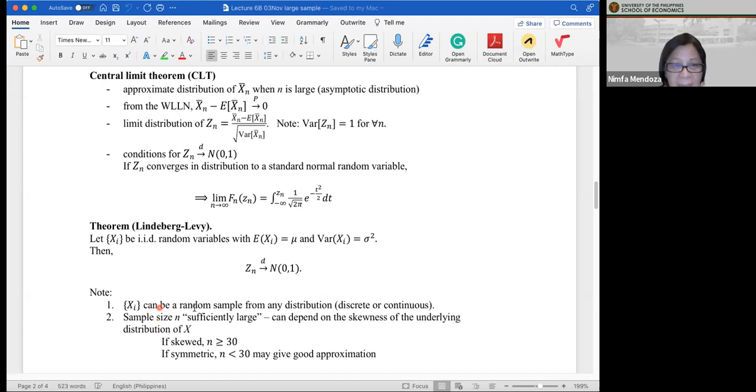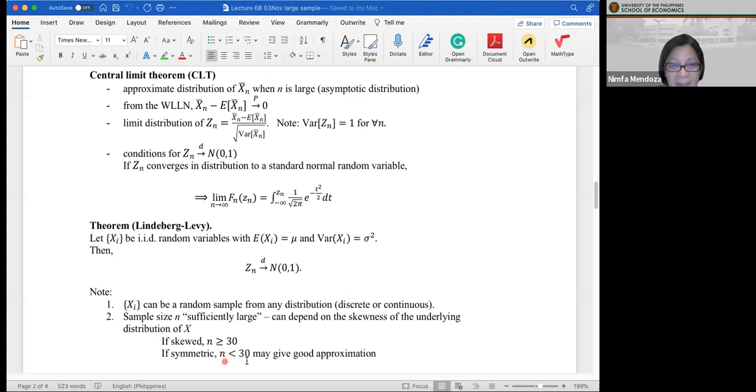So note X sub i can be a random sample from any distribution, discrete or continuous. Here we require the sample size n to be sufficiently large because we're talking about convergence in distribution. This can depend on the skewness of the underlying distribution of X. If skewed, usually you require n to be greater than or equal to 30.